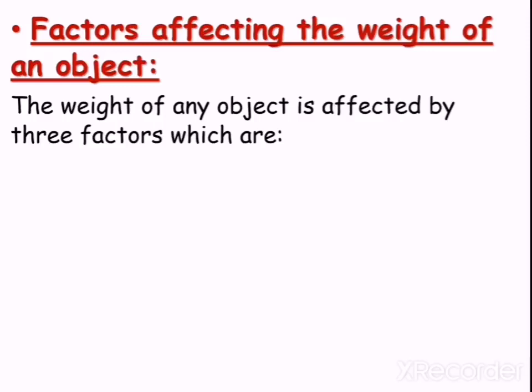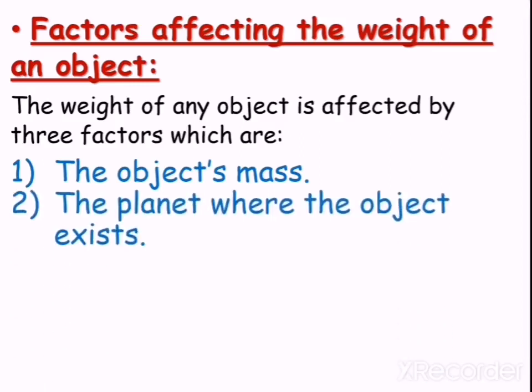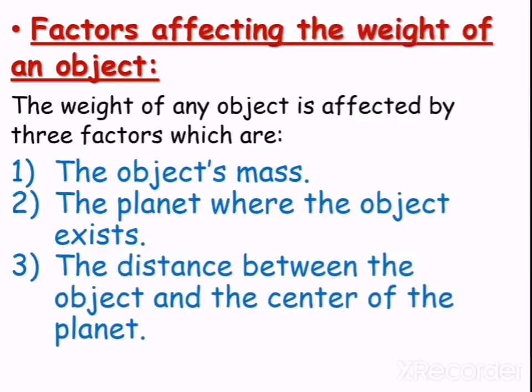The weight of any object is affected by 3 factors, which are: number 1, the object's mass; number 2, the planet where the object exists, or the place where the object exists; and number 3, the distance between the object and the center of the earth, or the center of the planet.